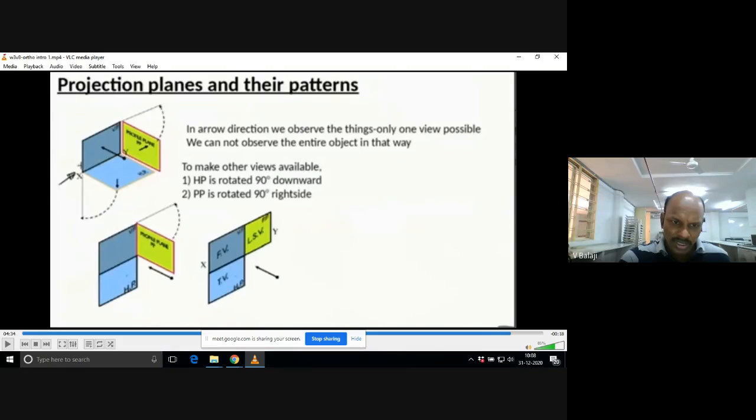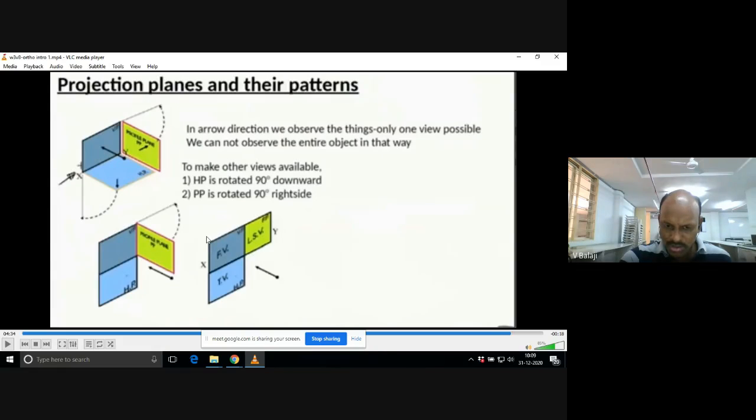So what I have to make is, I have to make all these three perpendicular planes in line with each other, like a horizontal drawing sheet. So HP I have rotated clockwise 90 degrees, and profile plane I have rotated 90 degrees right hand side, or you can imagine like this.